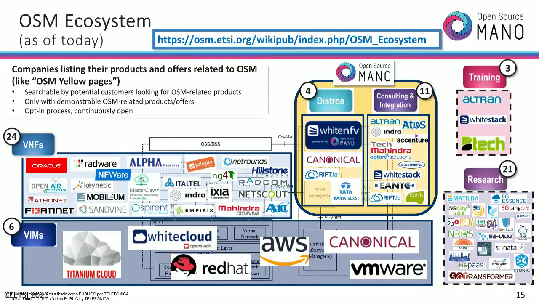So we have 4 commercial distros plus a lot of companies that provide integrations, consulting, or an ad hoc integration if you need it. All this is available in this URL, so there you can check frequently what are the commercial offers.